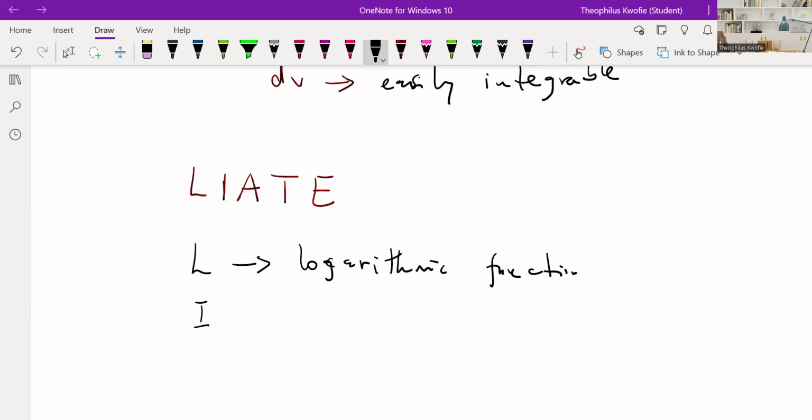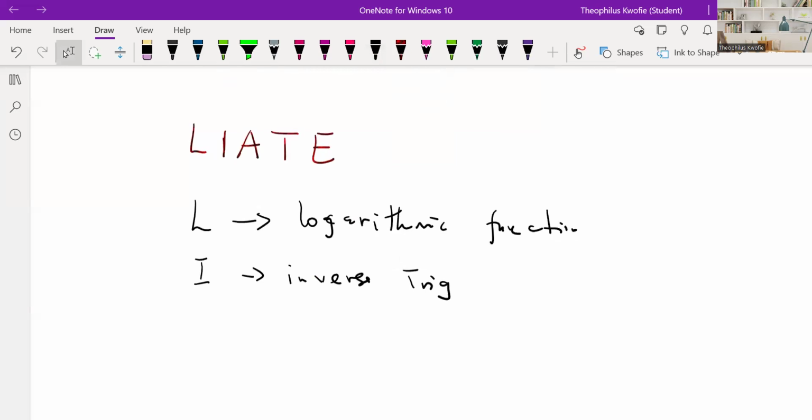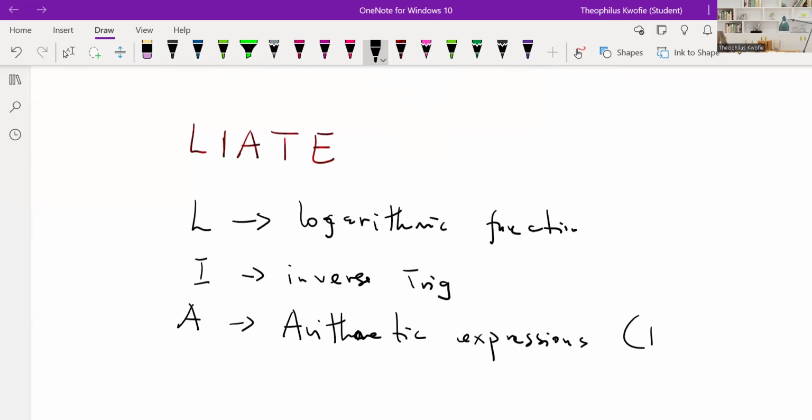The I stands for inverse trigonometric functions. The A stands for the algebraic expressions, like polynomials. Any polynomial you have.